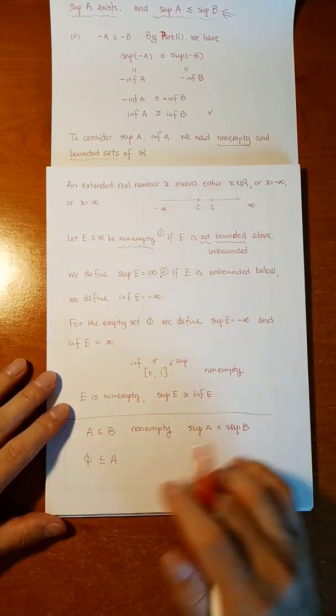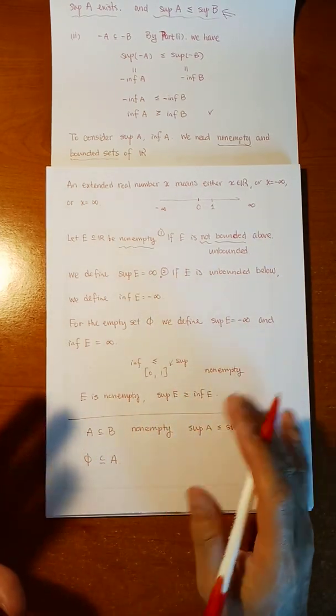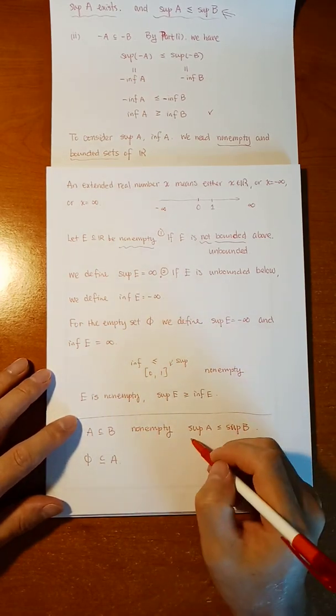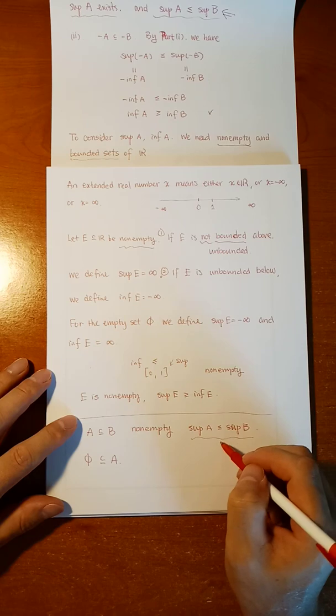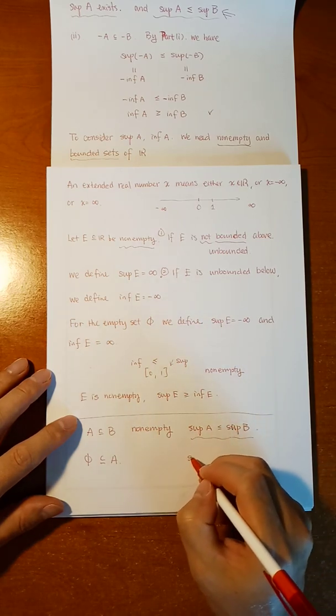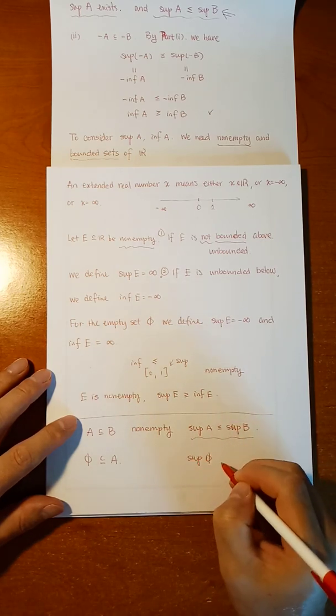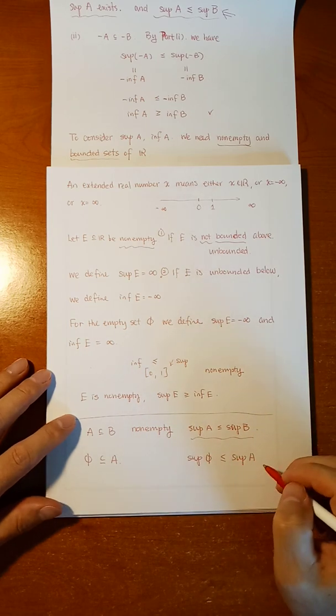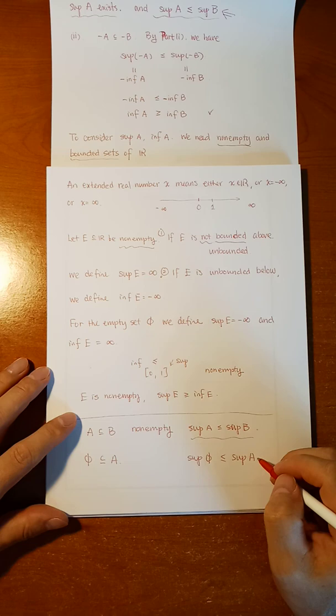But the empty set is not non-empty, so you cannot get it from here. But still, we want to keep this property. If we keep this property, we get that the sup of the empty set is less than or equal to the sup of A for an arbitrary set A.